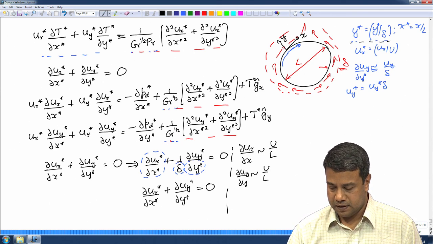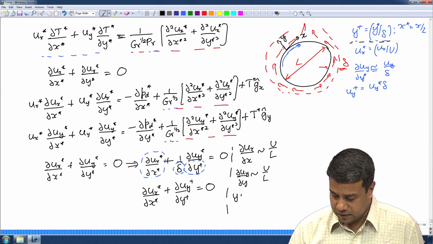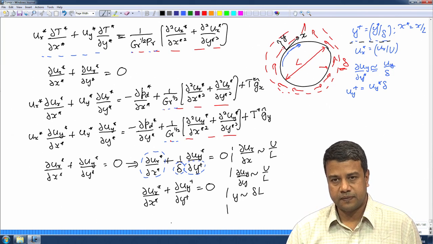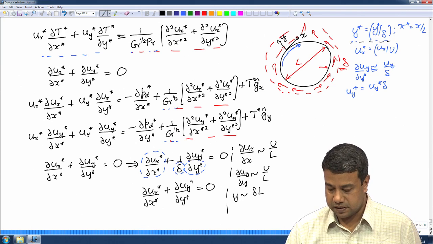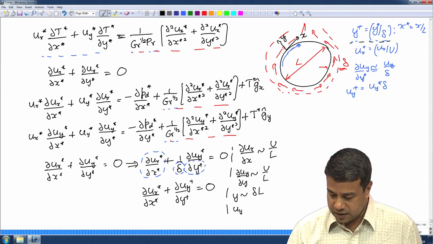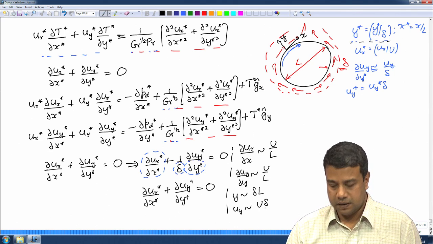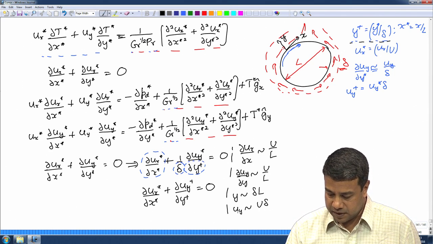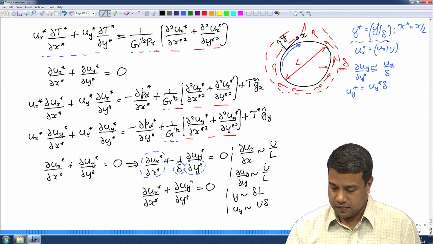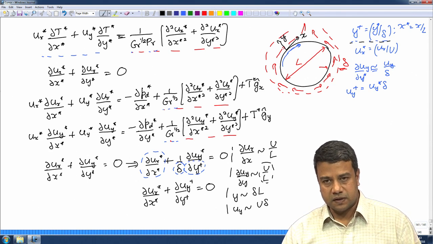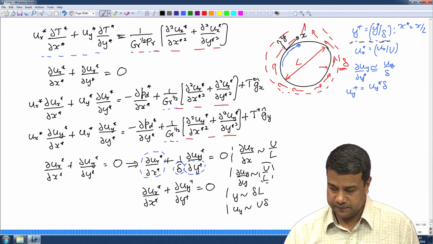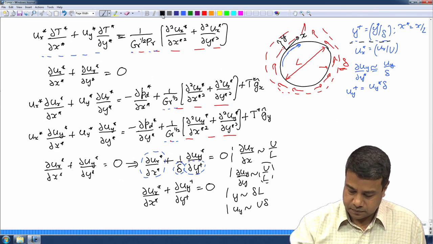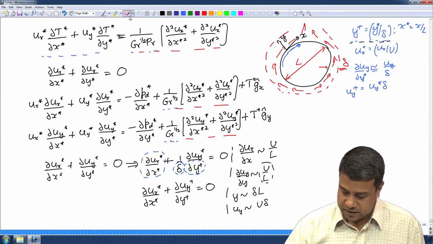However, we know that y goes as delta times L. It is much smaller than the characteristic dimension. That means that uy has to go as u delta, so that when I take the ratio partial uy by partial y, I will get it going as u by L. So, if the cross stream coordinate is small, the velocity in that direction will also be much smaller than the streamwise velocity. So, that is the result of scaling the mass conservation equation.